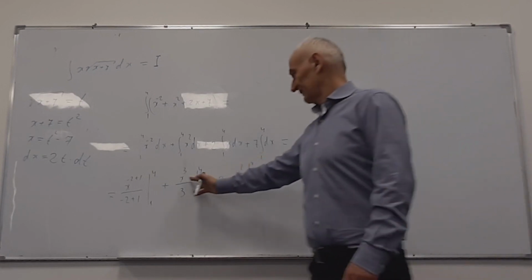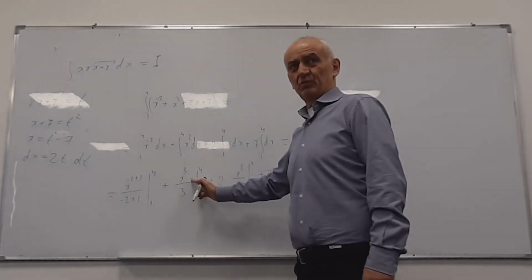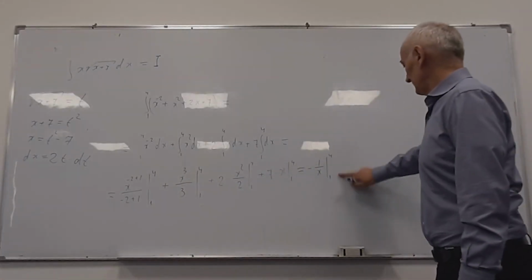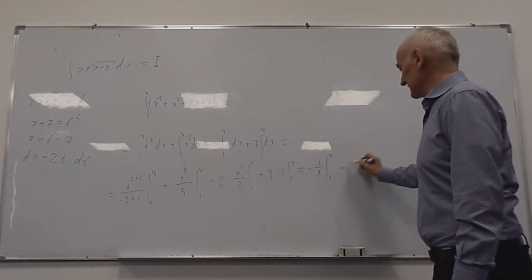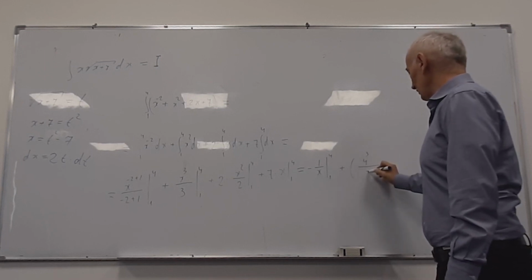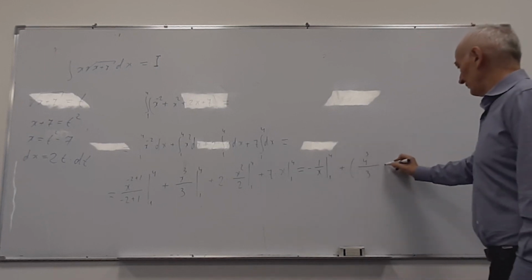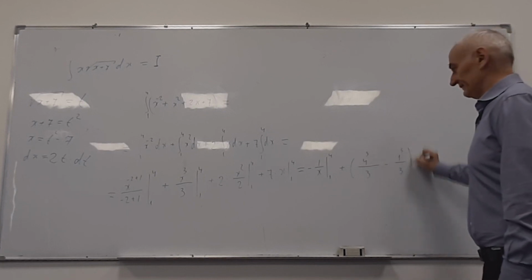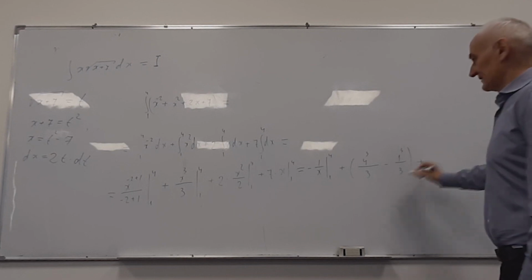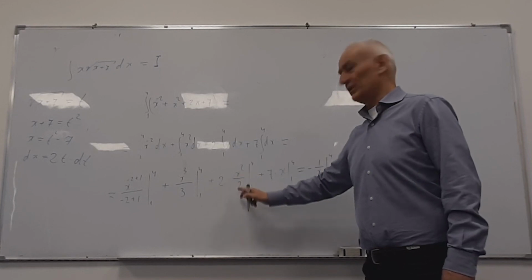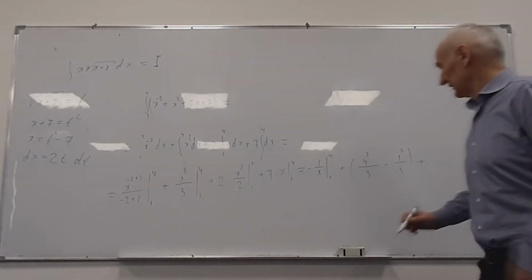And here we can plug 4 instead of x, and we have plus 4 to power 3 over 3 minus 1 to power 3 over 3, plus we know what is 2 times x squared over 2, it's just x squared.